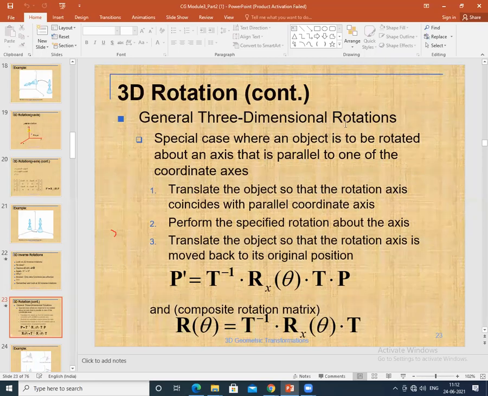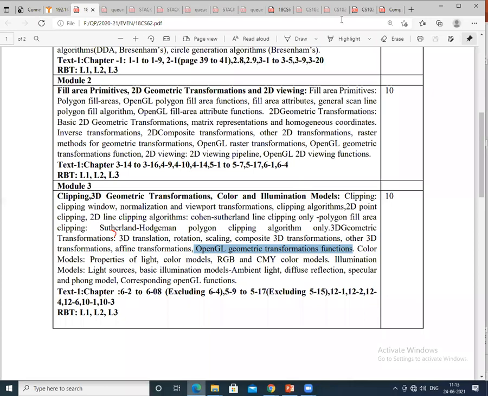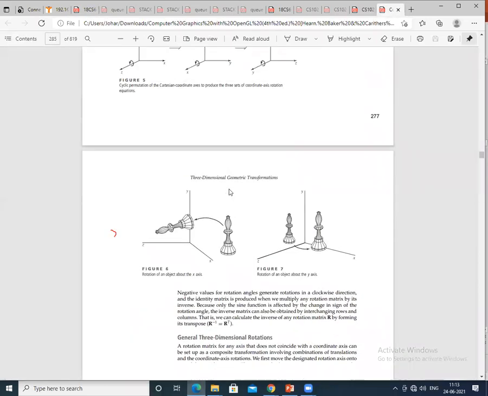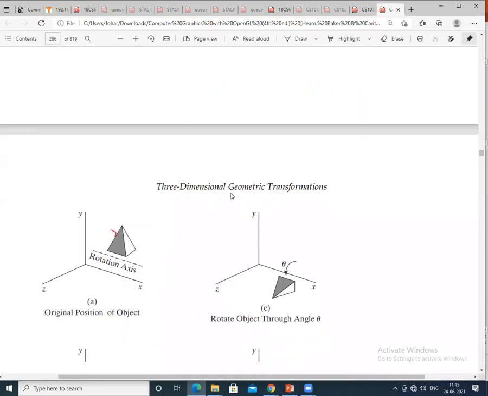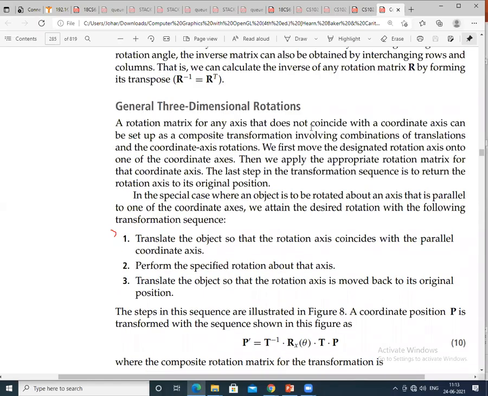This is a general three-dimensional rotation, where the object is going to be rotated about an axis that is parallel to one of the coordinate axes.